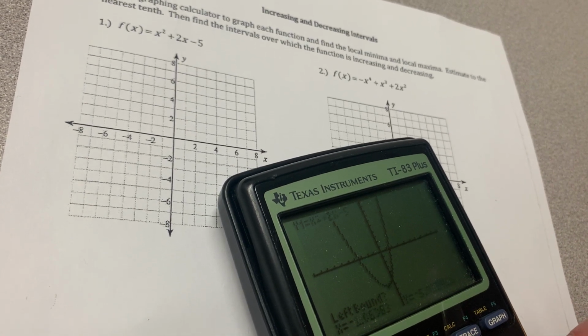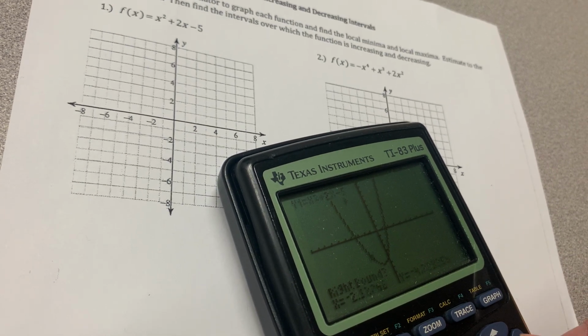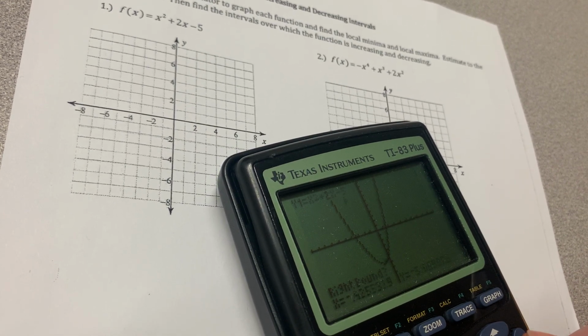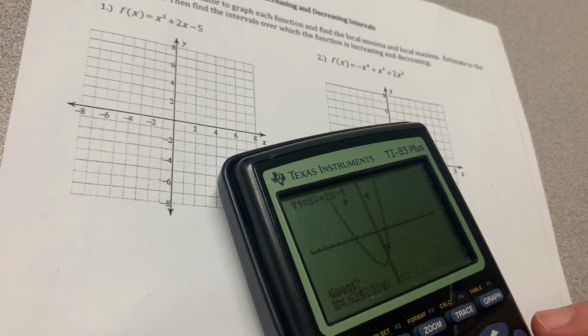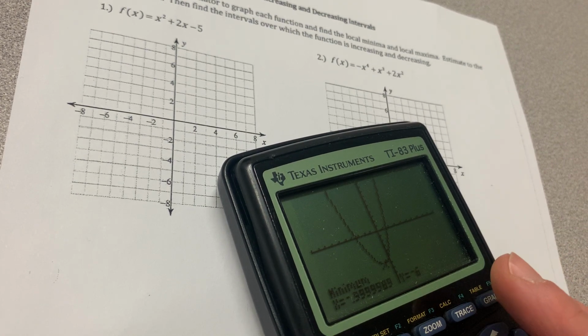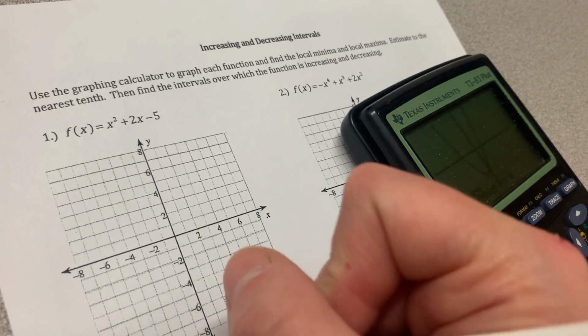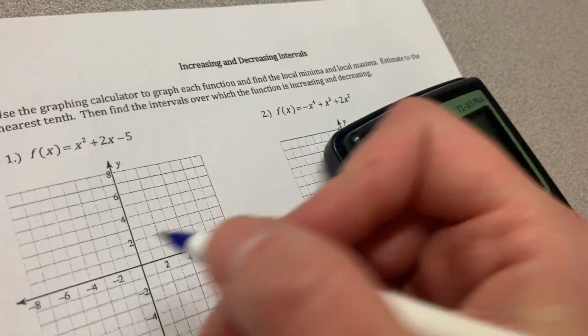You're gonna go to the left, hit enter. You're gonna go to the right, enter. And what is this value? 0.99999 or negative 1. Comma, what is it? Negative 1, negative 6.